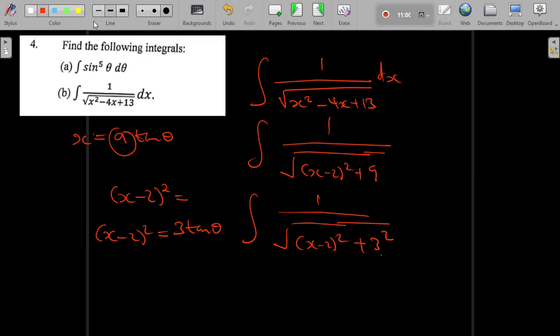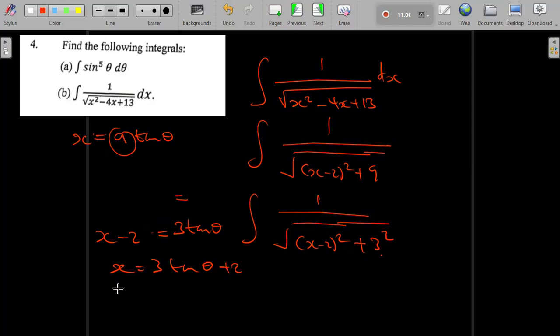Of course, not the squared part. I'm not squaring it. I'm just getting what is inside there. So x minus 2 equals 3 tan theta. Now I can make x the subject. Then this is just going to be 3 tan theta plus 2.